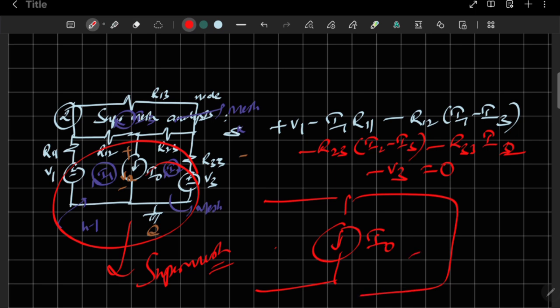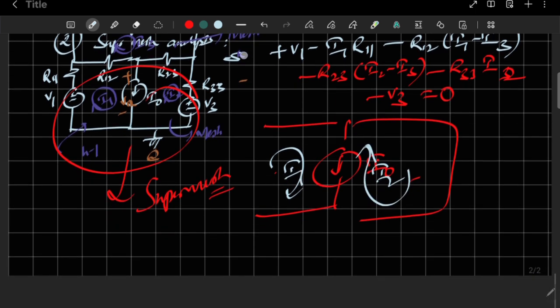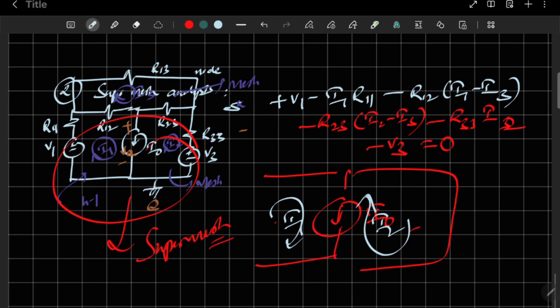In mesh 1, current is passing like this, I1. In mesh 2, current is passing like this, that is I2. So write I naught in terms of I1 and I2. I naught is coming down, I1 is also coming down, but I2 is going up. So I naught is equal to I1 minus I2. That's it. So now you got the third equation also in terms of I1 and I2.